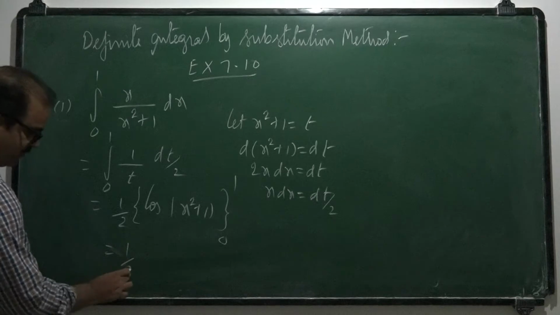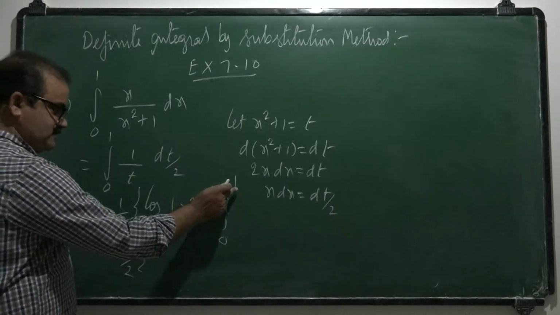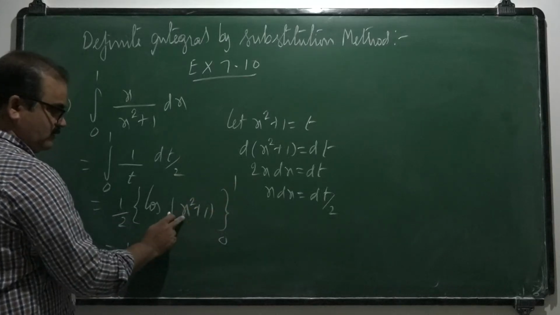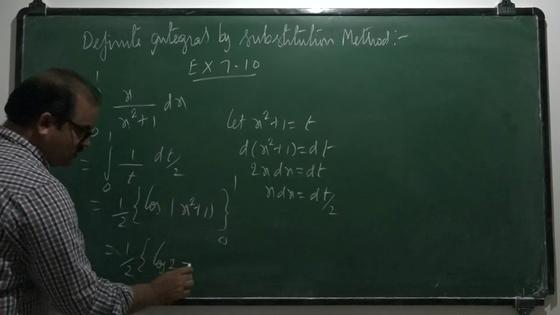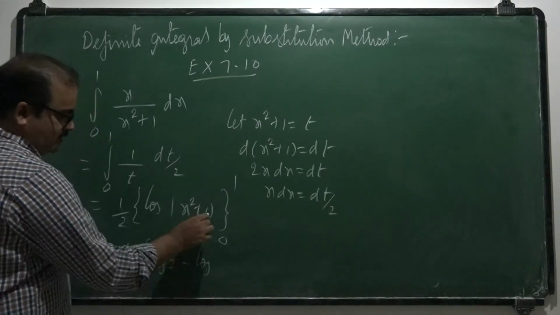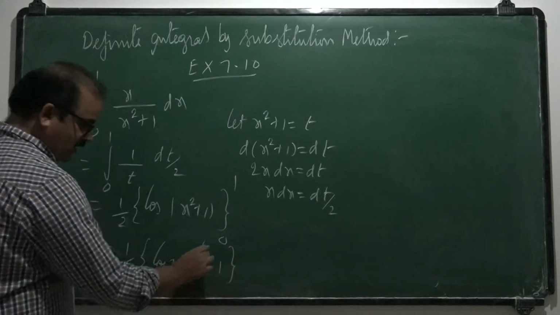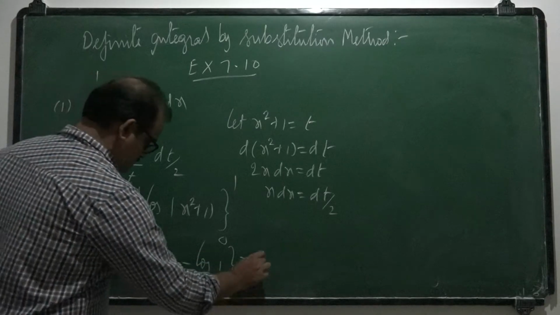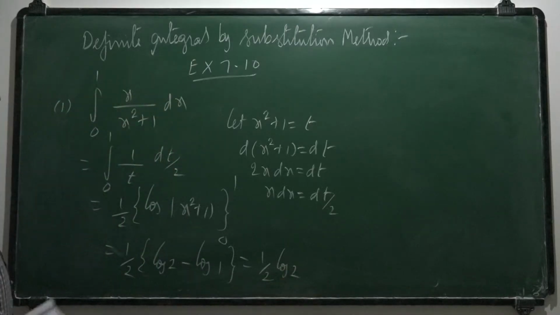This is 1 by 2 into, apply the limits. First apply the upper limit, put x is equal to 1, we get log 2 minus log 1, put x is equal to 0. Log 1 is 0, so we get 1 by 2 into log 2.